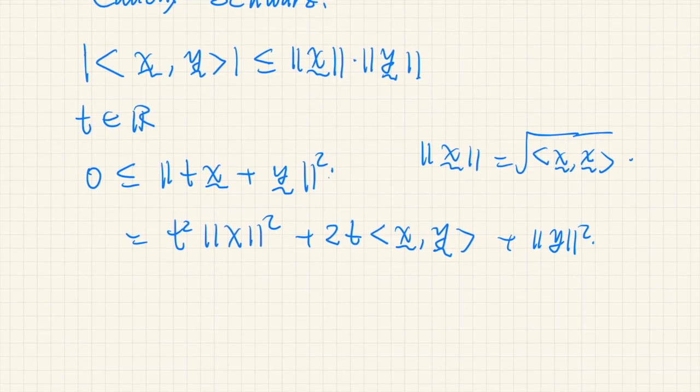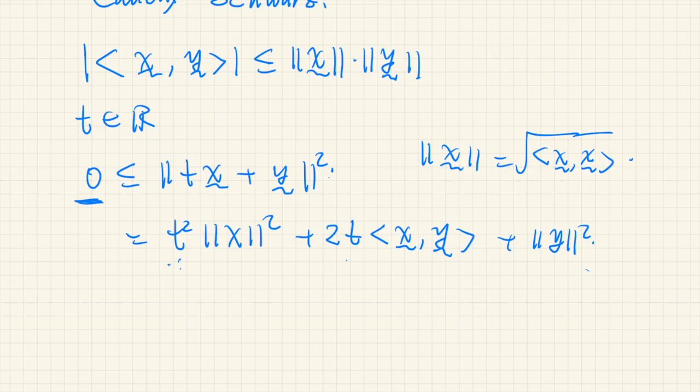Okay, so let's consider this as a quadratic form of t. Then the discriminant of this quadratic form should be less than or equal to 0, because this form is always non-negative.